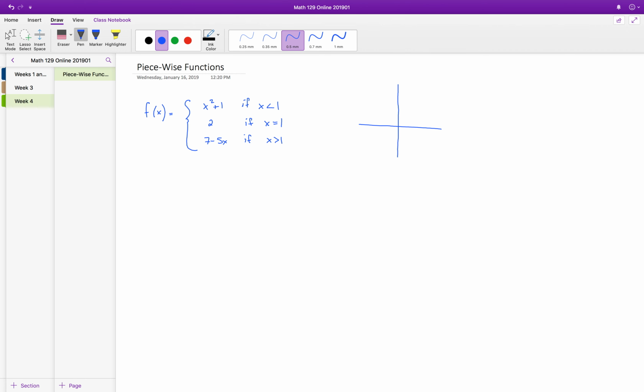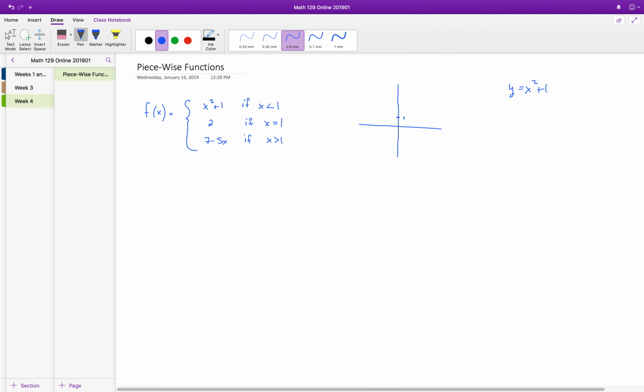And I would use the bounds here, the x is less than 1, equal to 1, greater than 1, to help you pick points to plot. So since I'm looking at really y equals x squared plus 1, but I'm just going to look at the piece of that graph for values of x smaller than 1. I know that x squared plus 1 is a parabola, right? It's going to open up, and it's going to be shifted up 1.